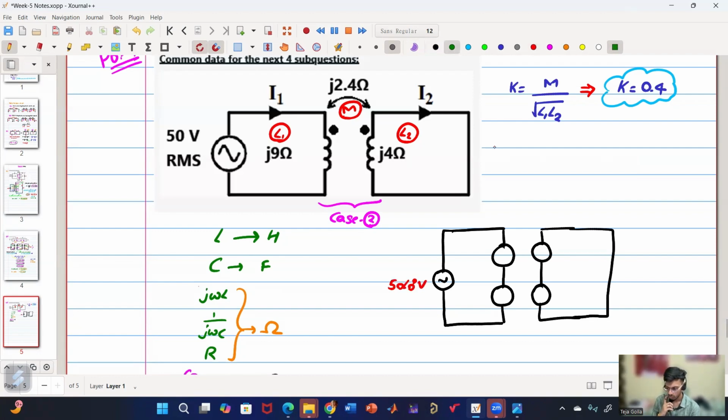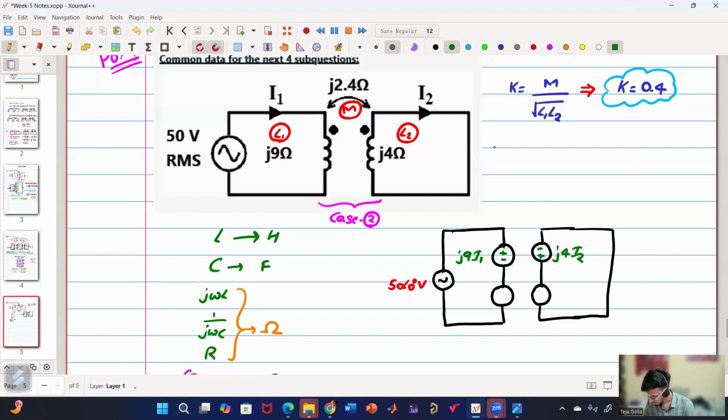First, the self-inductance of j9: positive will be on the top or bottom? Top, sir. So it is j9 I1, right? Now for j4, whether positive will be on the top or bottom? Bottom. Very good. This is j4 I2.